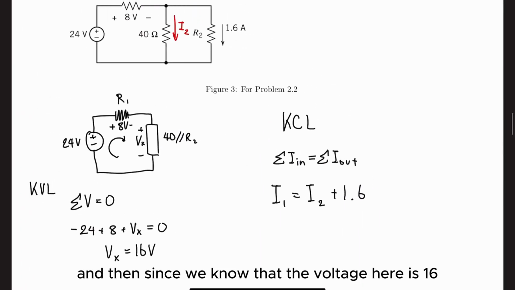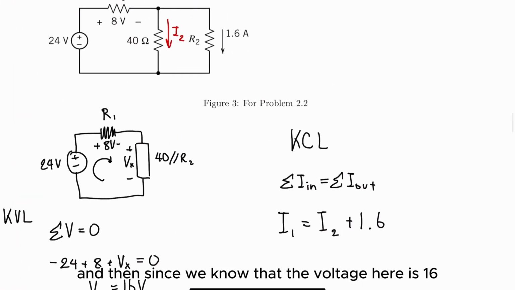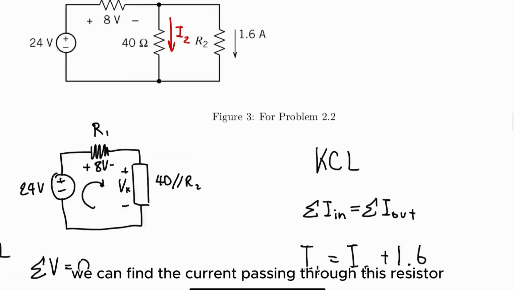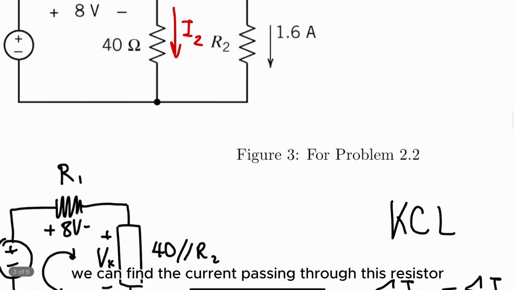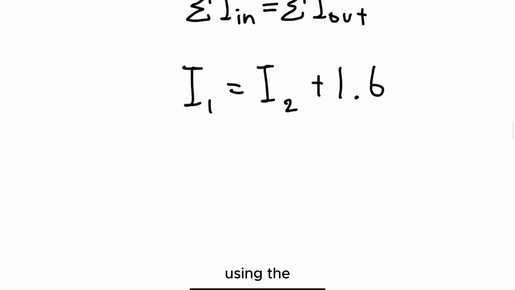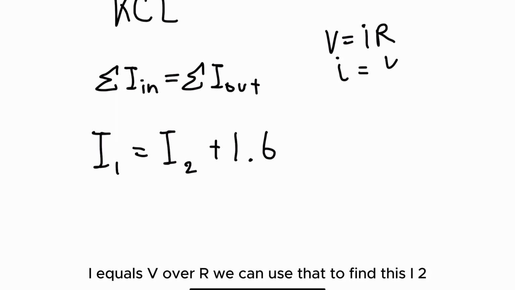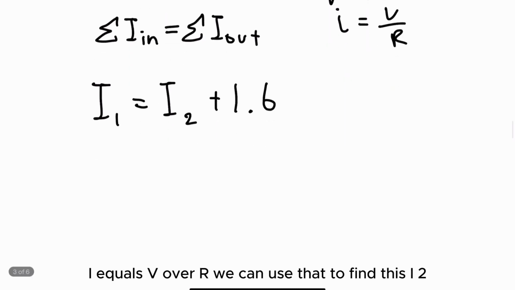And then since we know that the voltage here is 16 volts, we can find the current passing through this resistor using the formula V equals IR, so I equals V over R. We can use that to find this I2.